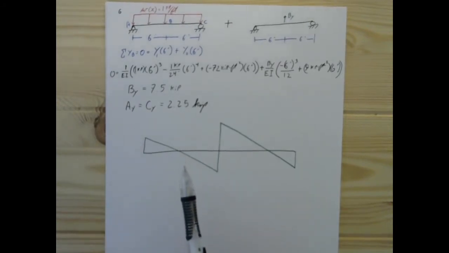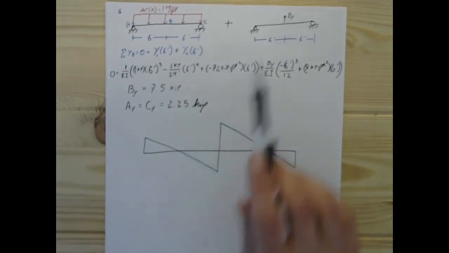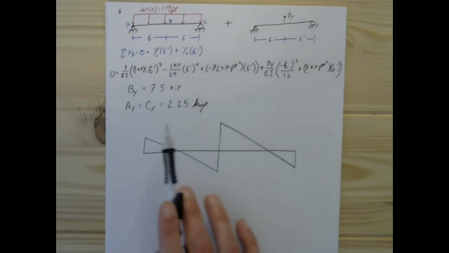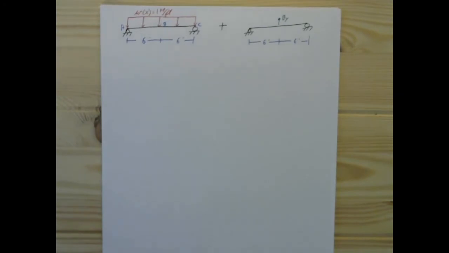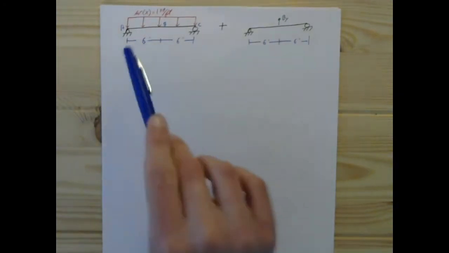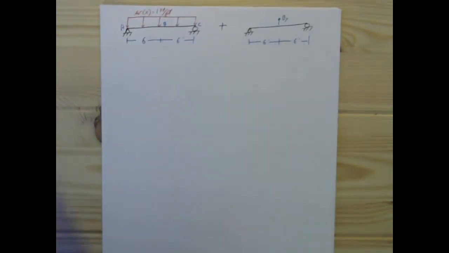Once we've done that, we can solve for our force at B, and then solve for the reactions we have at A and C with our remaining equilibrium equations.